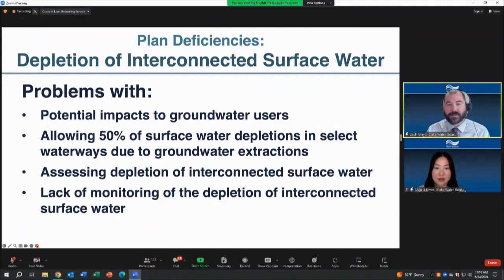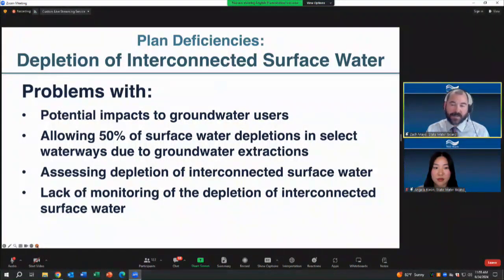Regarding deficiencies, board staff identified a few deficiencies concerning how the plans manage the depletions of interconnected surface water. Here are the deficiencies. The plans do not thoroughly describe potential impacts and what those potential impacts might have on beneficial uses and users. The plans allow for 50% of surface water depletions in select waterways due to groundwater extractions.